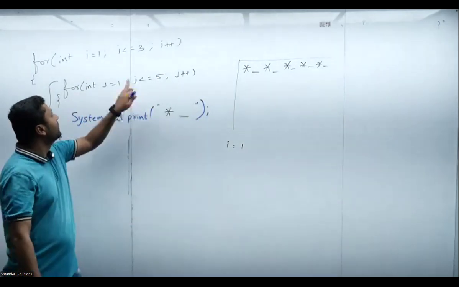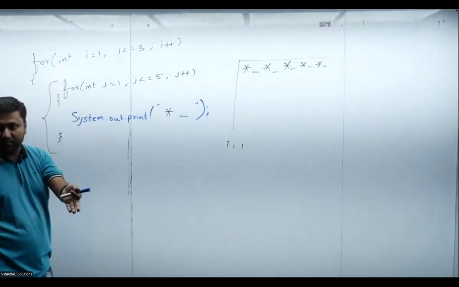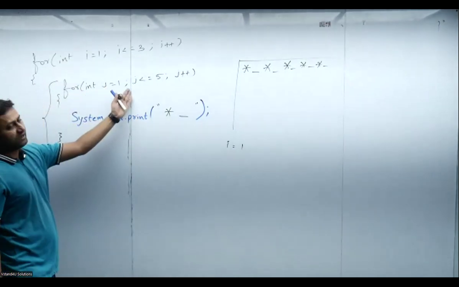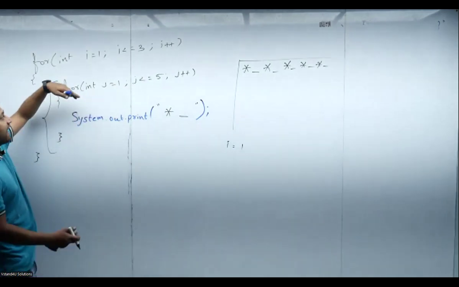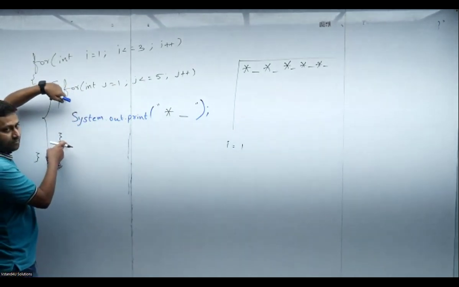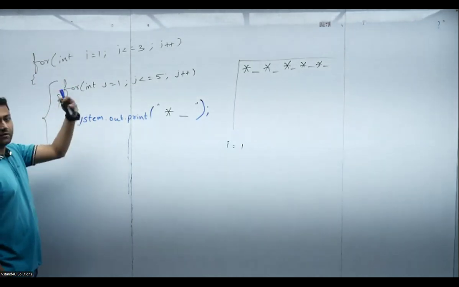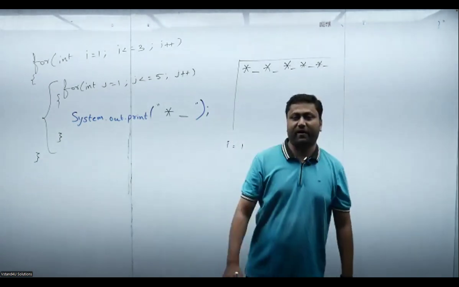And don't forget, for is also a method. Parenthesis means for, everything is a method only. Any variable that you declare within it is a local variable. Local variables remain as long as the control remains in the same body. As soon as control exits the body, local variables are removed from the stack frame.